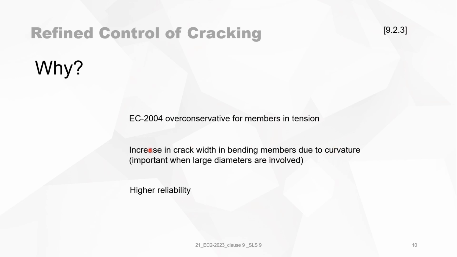Because of the curvature, your crack width is larger than calculated, and this is getting more important when large diameters are involved. And the formulas give us a higher reliability if you compare them with data from tests. So those three elements are the main reasons why we have an increased calculated crack width opening.